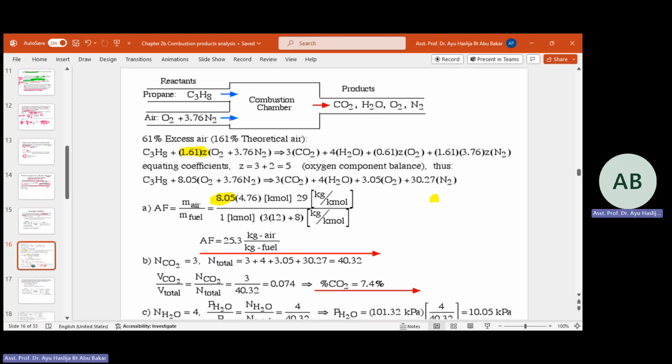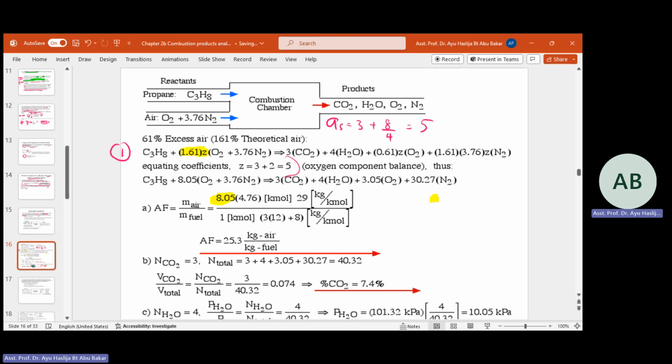Okay, first thing first, always find your combustion equation. Generate the combustion equation. Find out the A stoic, dapat A stoic adalah 5.